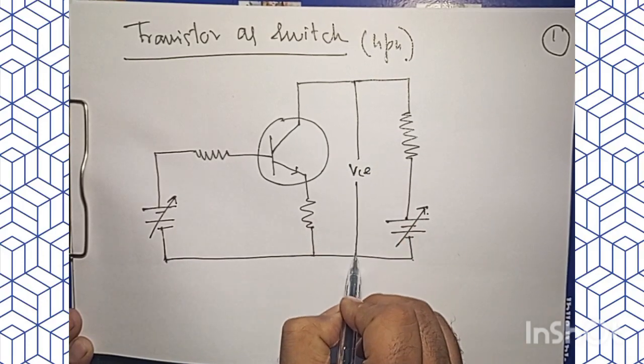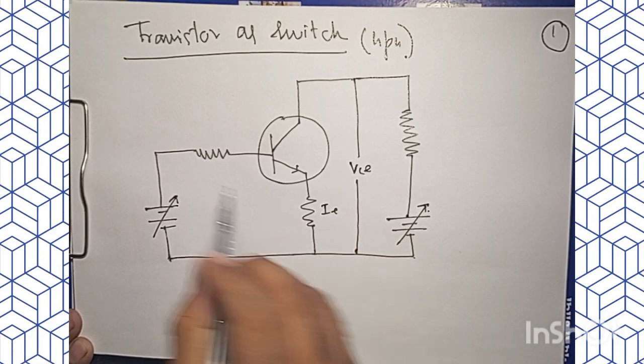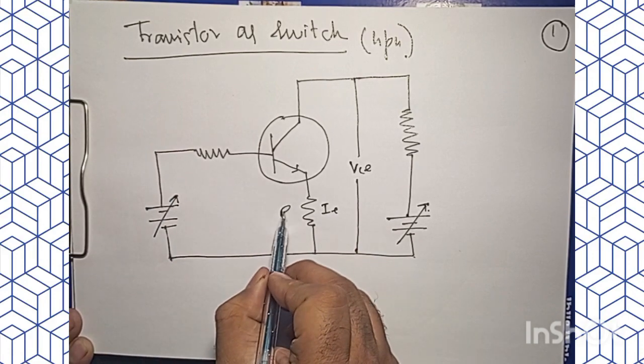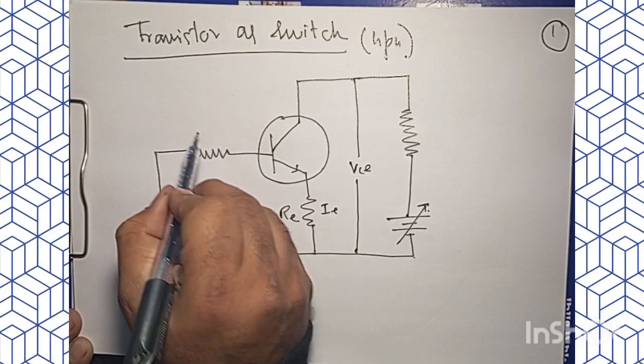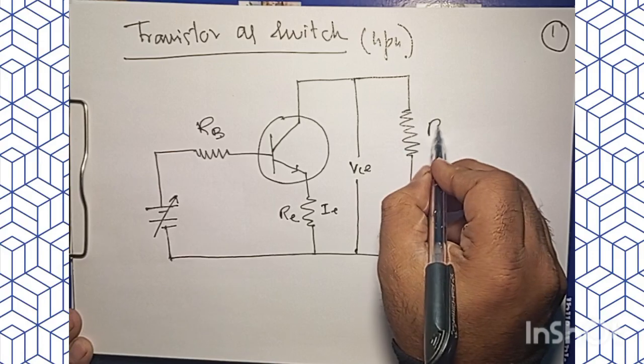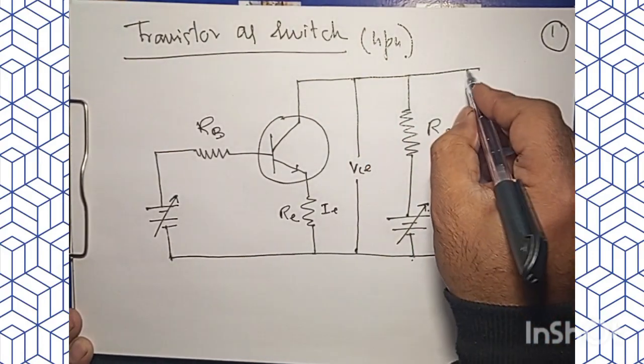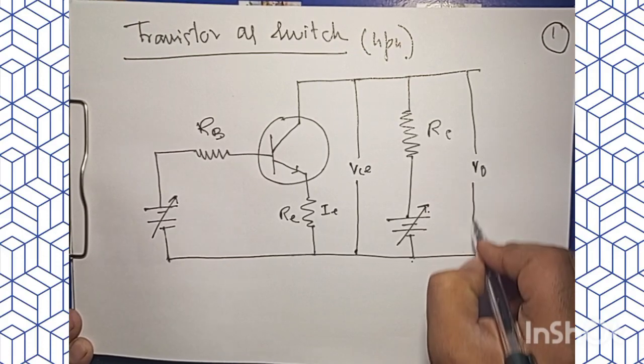This is my emitter current, and here we have RB, and here we have RC.